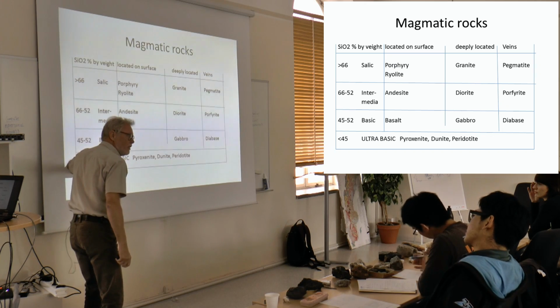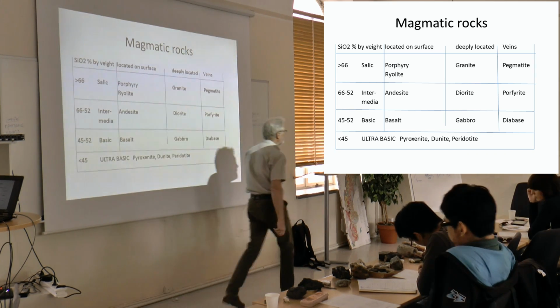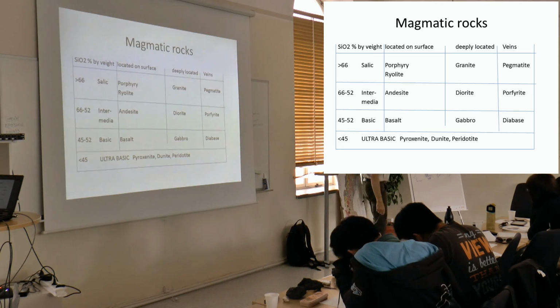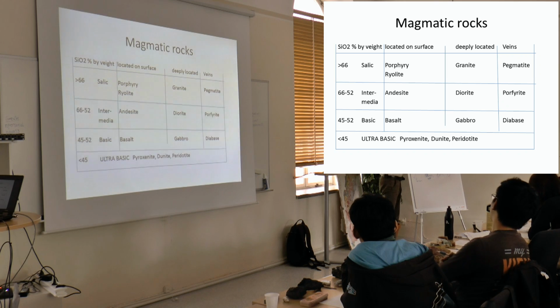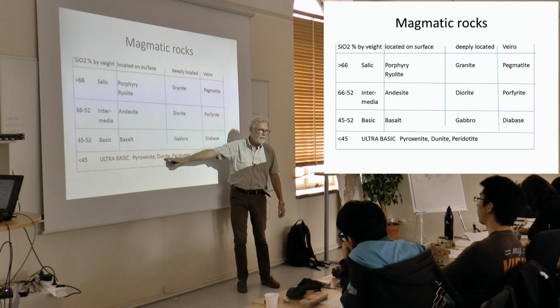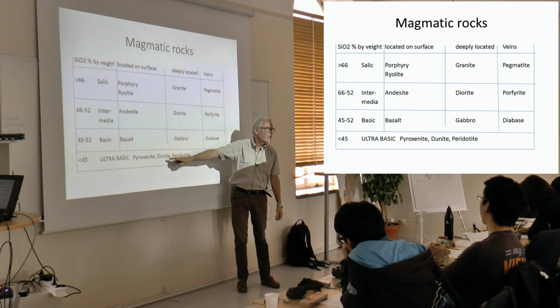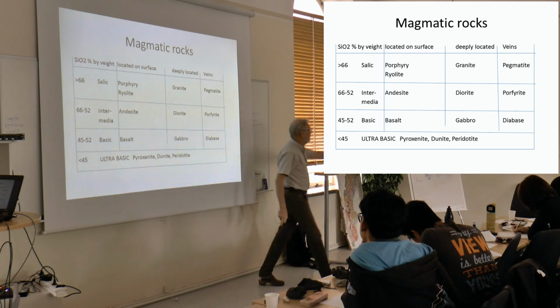If there's less than 45%, we have an extremely ultramafic rock. This is when we have a crystallization just up here, olivine, and you see, dunite is a monomineralic rock only consisting of olivine.